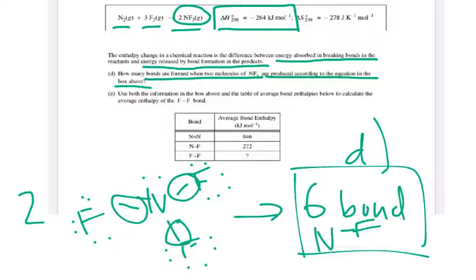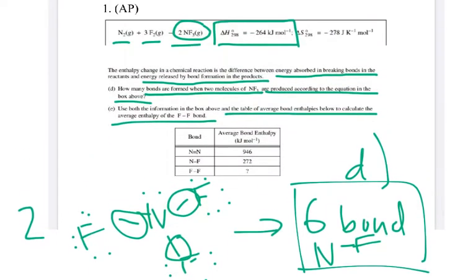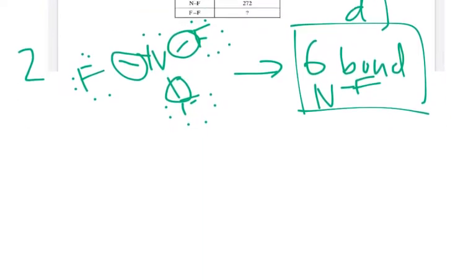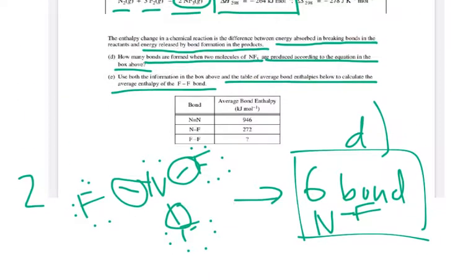Now, let's talk about E, using both the information in the box above and the table of average bond enthalpies below to calculate the average enthalpy of the FF bond. So let's try doing that. So over here, let's just draw all 3 Lewis structures.